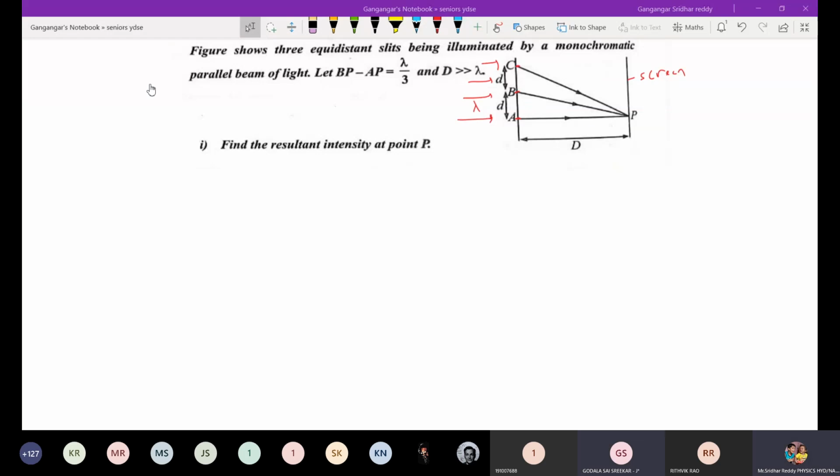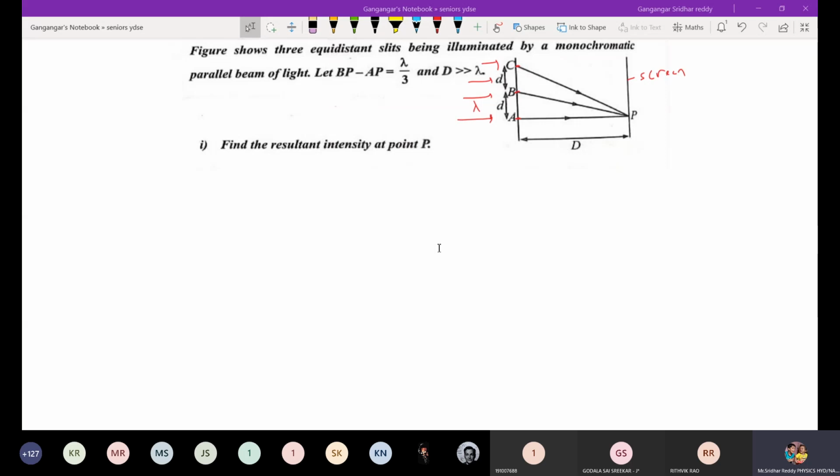I. 3I, yes sir. This data will help you.